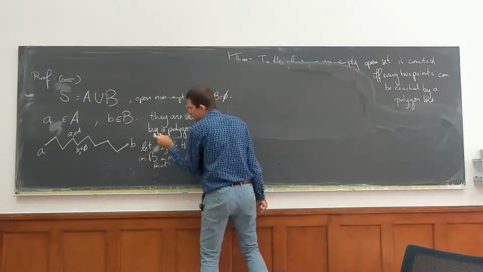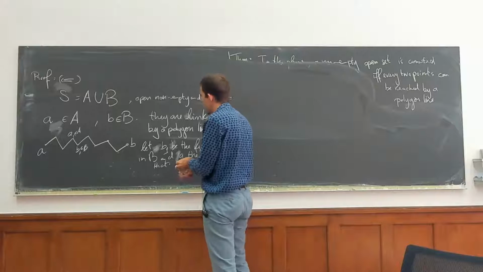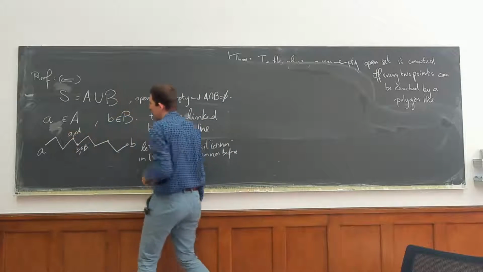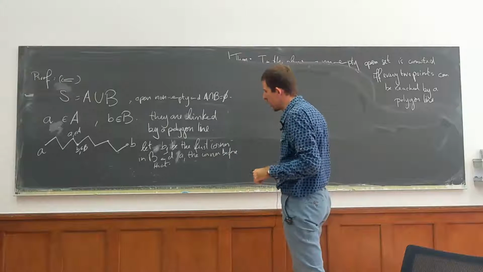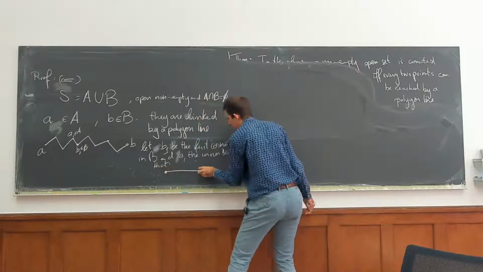I'm not being super careful in defining this, but it's clear what I mean here, because I just take the first time I jump to B, and that's B1, and A1 is in A. Now just restrict the interval.